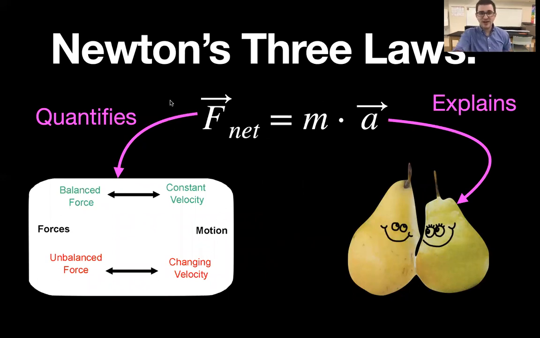It's a quantification of Newton's first law, because balanced forces means the net force is going to be zero, and zero net force gives us zero acceleration. That's just how the equation works. Unbalanced forces, a non-zero net force, give us a non-zero acceleration, which is changing velocity. So Newton's second law is basically a quantification of Newton's first law.